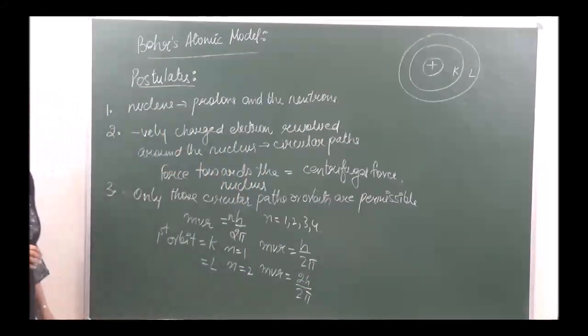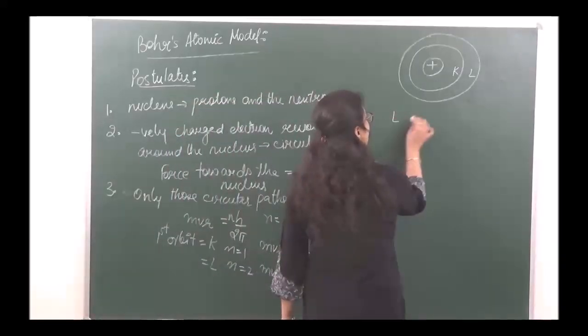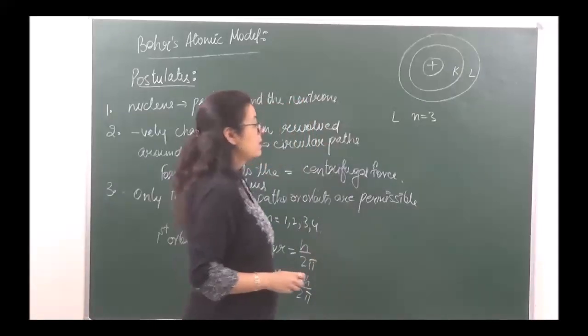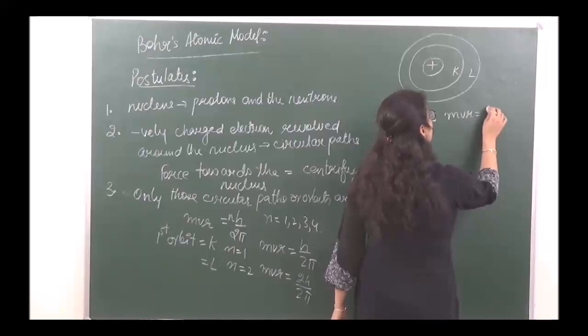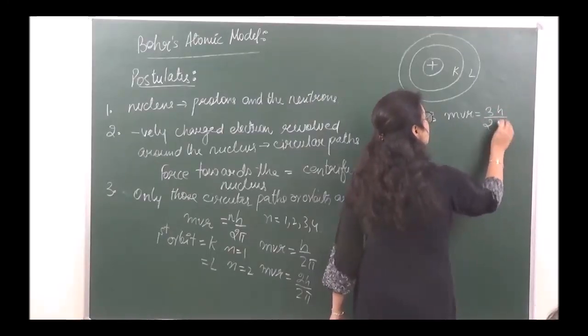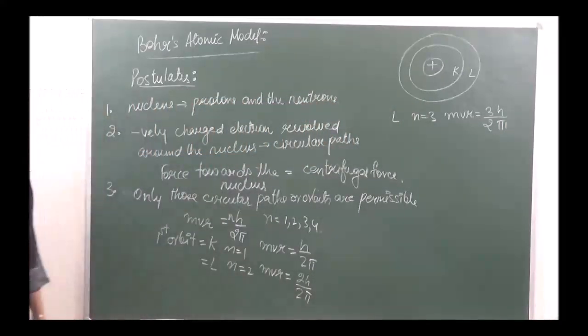So it cannot be fractional. It has to be an integral multiple of h upon 2 pi. In a similar manner, if we are taking the third orbit M, for M n is going to be equal to 3. Therefore, mvr will now become equal to 3h upon 2 pi.